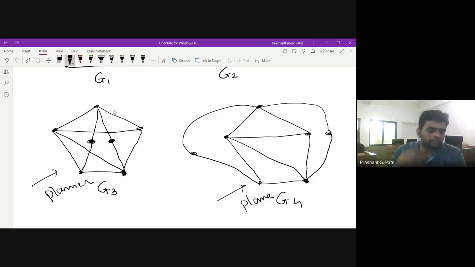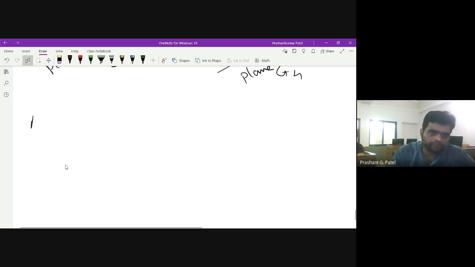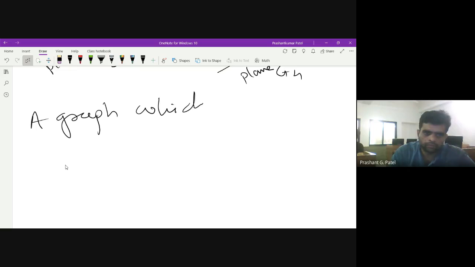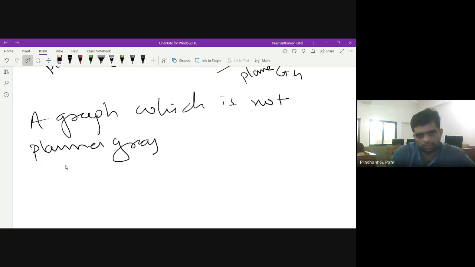Now it is an interesting fact that some of the graphs are plane graphs and some of them are not. The graph which is not a planar graph is called a non-planar graph.